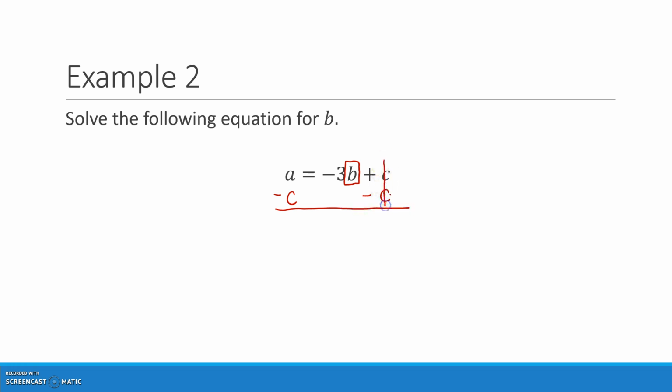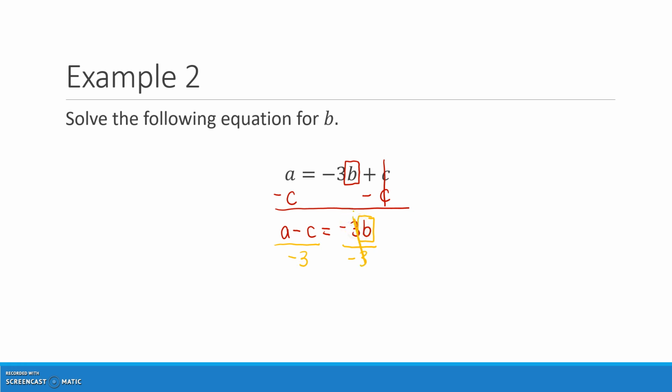So I need to come over here and go minus c. And over here, those should cancel each other out. Again, these are not the same variable, so I'm just going to write them right next to each other with this sign in the middle. So a minus c equals -3b. All right, so I'm still trying to solve for b. So now -3 is being multiplied by b, and so I'm going to divide everything on both sides by -3.